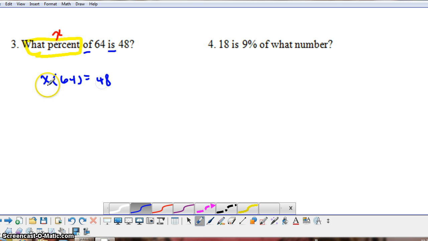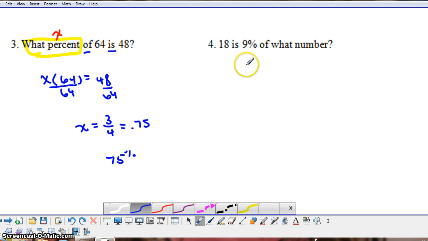And to solve this equation, we're going to divide both sides by 64. So x is 48 over 64, and that would reduce to 3/4, which as a decimal is 0.75, which means that the answer to this question is 75%.